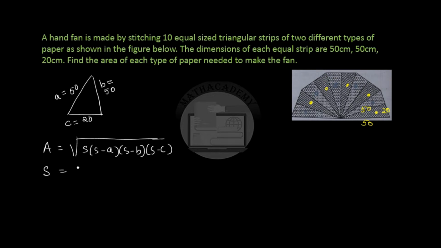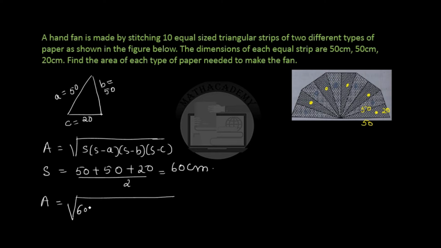Let us just find out S. So it is 50 plus 50 plus 20 whole over 2, which is 120 by 2, which is 60 centimeters. So our area of one triangular sheet will be the square root of 60 times 60 minus 50 into 60 minus 50 into 60 minus 20.